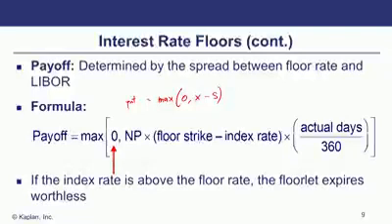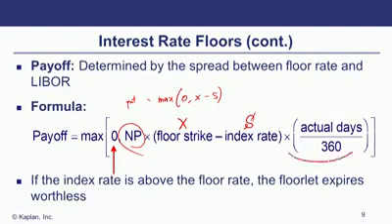So again, we will be looking at the notional principal that this derivative is based on. The floor strike will be the X, the index rate will be the underlying, and of course, we will have to apply our usual deannualization exercise in the case that this is a semi-annual or quarterly scenario.